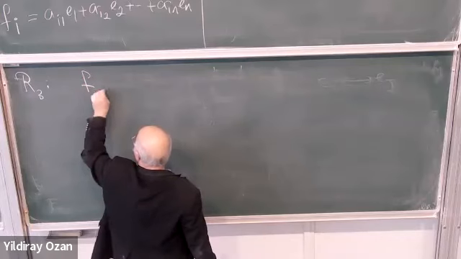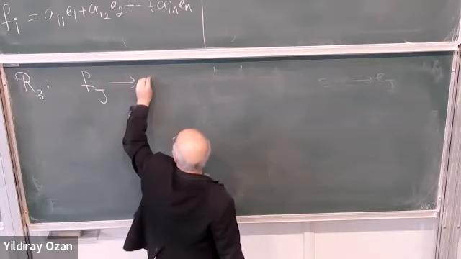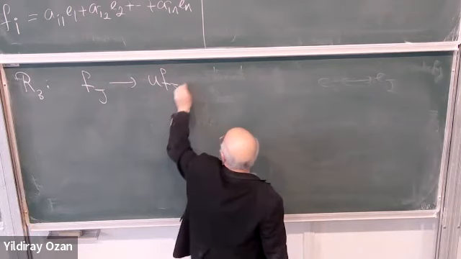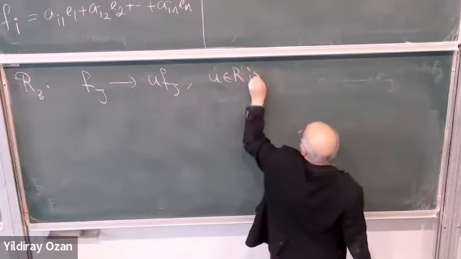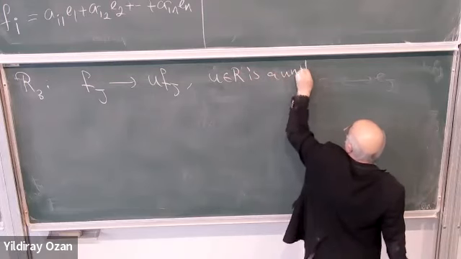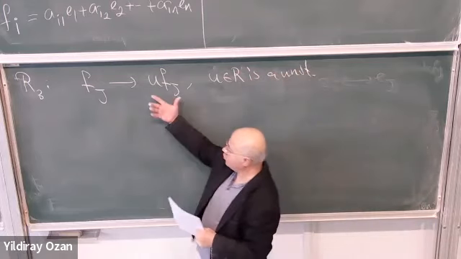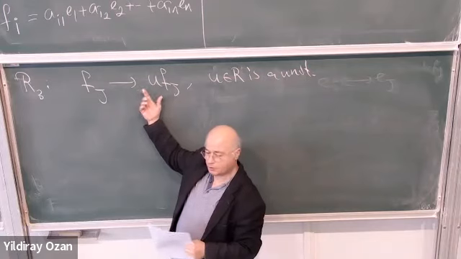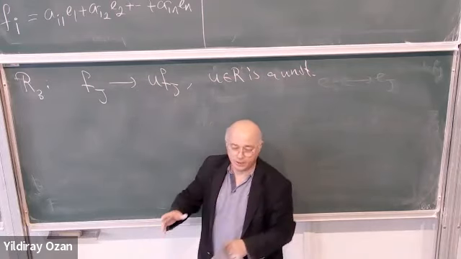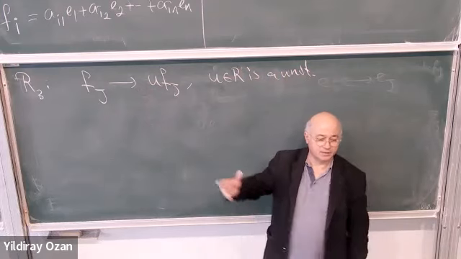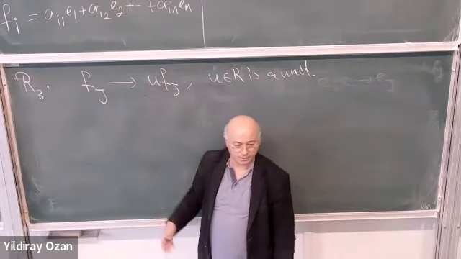We may replace the jth element by u times the jth element, where u is a unit element. This is also an invertible operation because you can just multiply by the inverse of u.